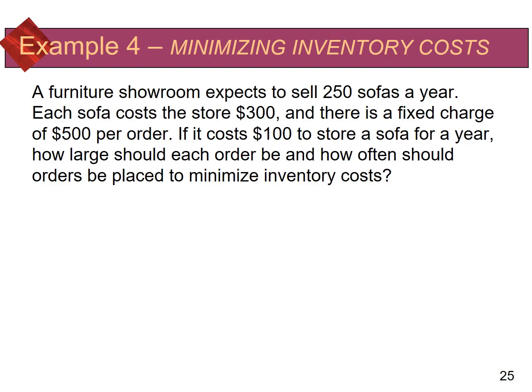So the example here is a furniture showroom that expects to sell 250 sofas in a year. Each sofa costs the store $300, and there is a fixed charge of $500 per order. So to place an order to replenish your stock for your showroom, you're going to have to pay $500 plus whatever the cost per sofa is.